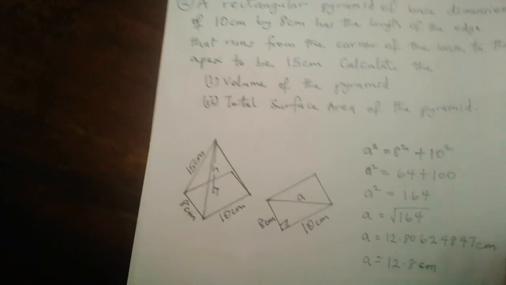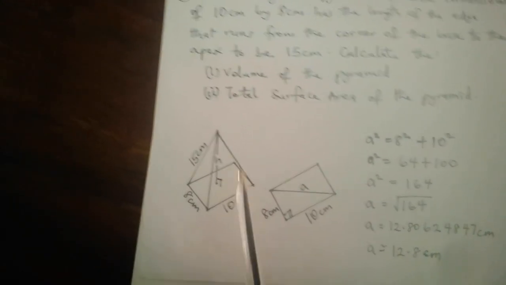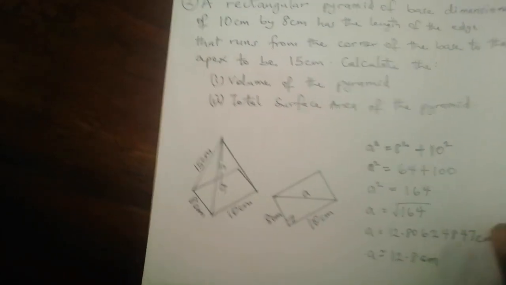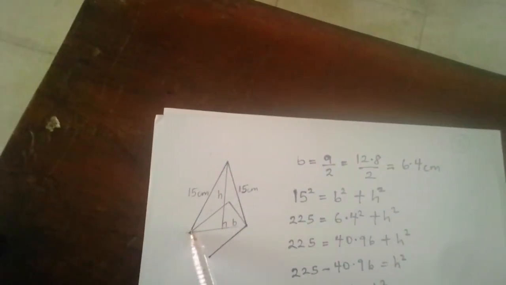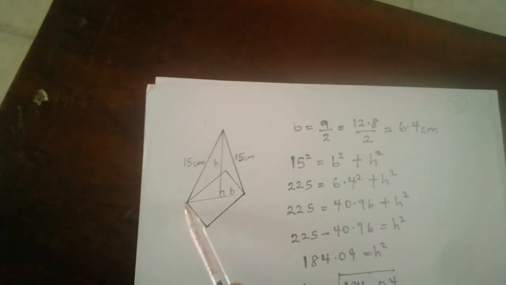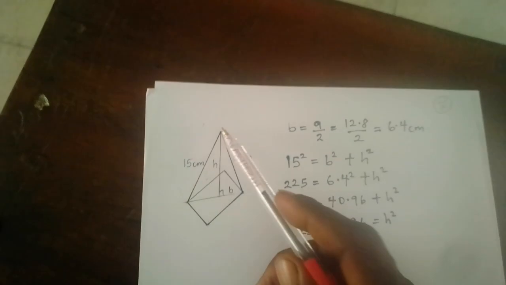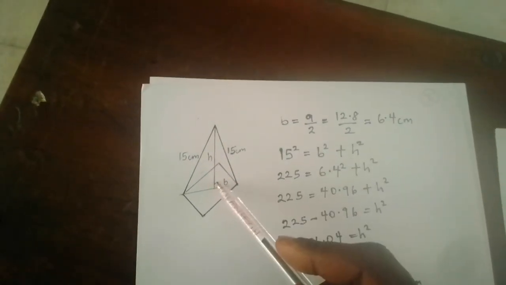Now, you realize that the diagonal here is 12.8 centimeter, but this particular height will form at the center of this diagonal. So if I'm trying to draw this triangle again, this is the diagonal, this is 15 centimeter, which is the edge, and the vertical height will make a right angle.